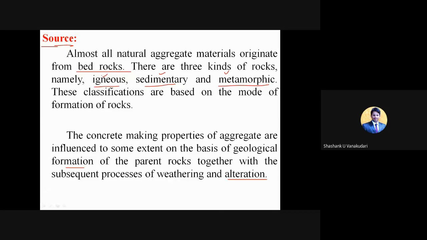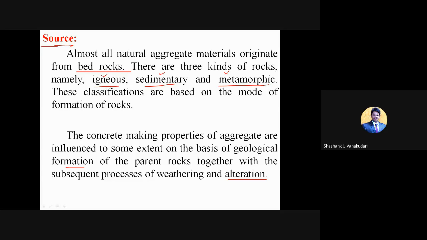They should be seasonally treated so that with respect to all the seasons, they are strong enough to take all the environmental aspects, like temperature and rain, correct? So it should be seasonally treated so that we can use it in a better way.